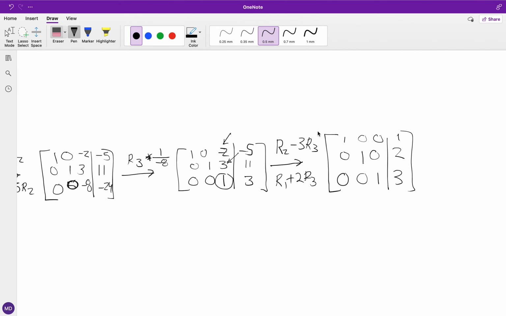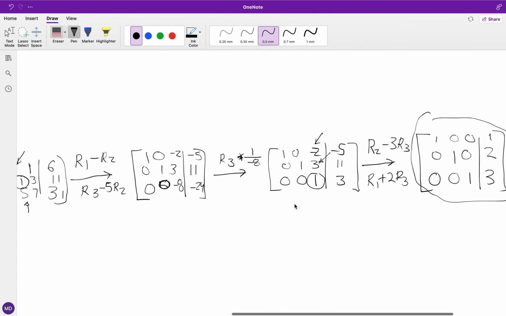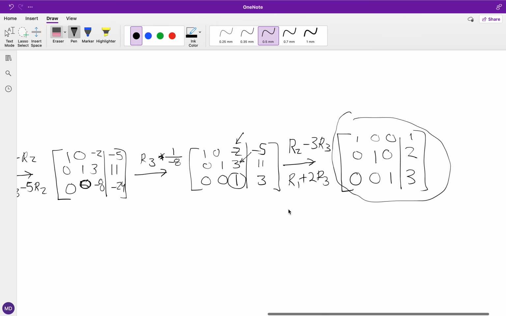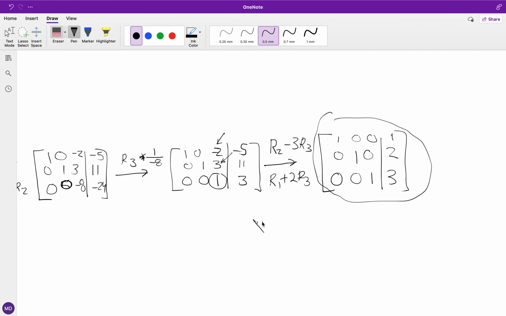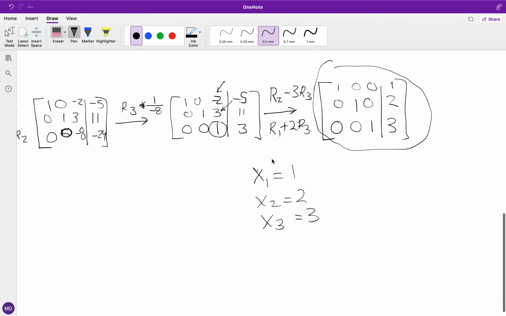So this is our RREF form. And so what this tells us is that we have the solution x1 equals 1, x2 equals 2, x3 equals 3. And so this is the solution to our system of equations.